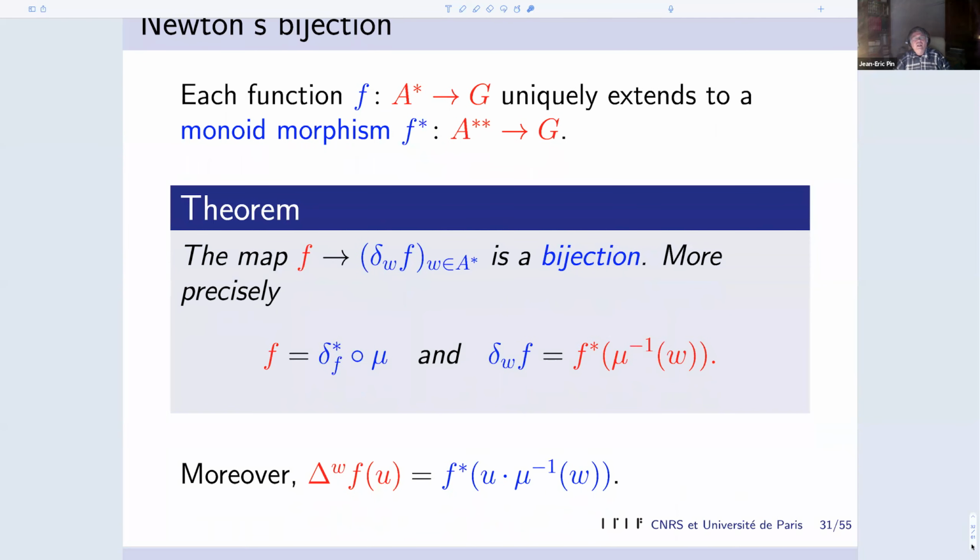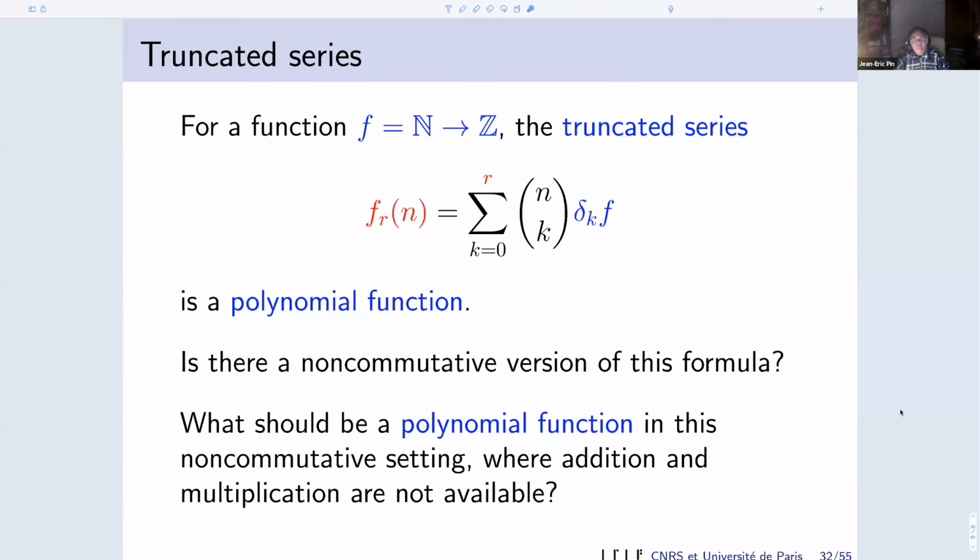Okay, now you remember, we had these truncated series, sorry, in the commutative case, back to the commutative case, which is the sum up to R over there. And this is a polynomial function in the commutative case. But the question is to know whether there is a non-commutative version of this formula.